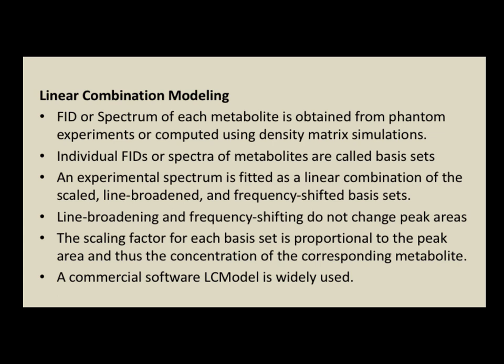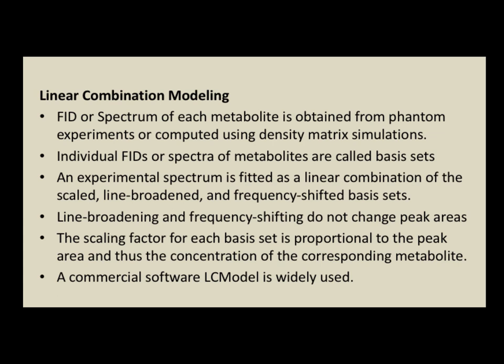So the idea is we generate basis spectra for each metabolite, assuming they have the same concentration. Then we linearly combine these basis spectra to fit your in vivo spectra, then see how much scaling we need to apply to the basis spectra. This scaling will be proportional to the concentration of that metabolite in the in vivo data.